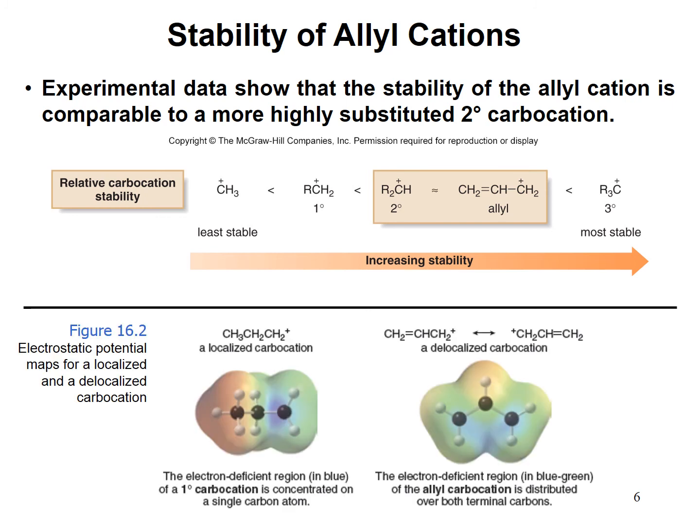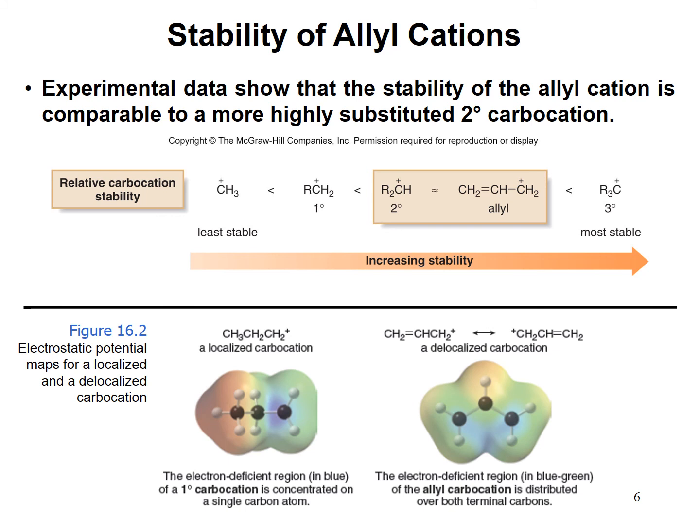If we look at electrostatic potential maps for a localized and delocalized carbocation, the localized carbocation is electron deficient, the blue region, on the primary carbocation. That blue region, that electron deficiency, is only on the carbon that has the positive charge.